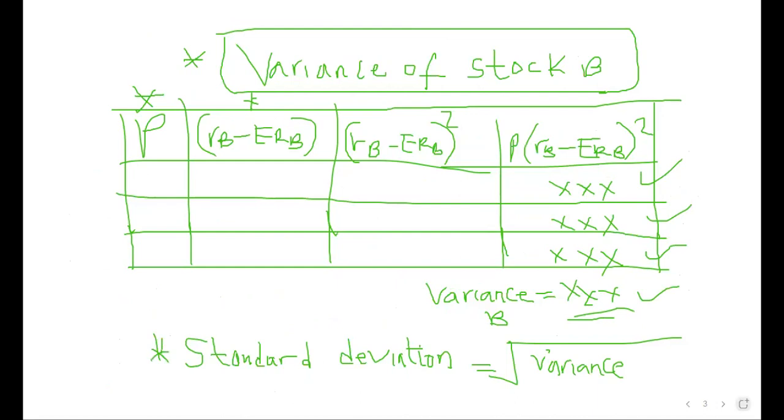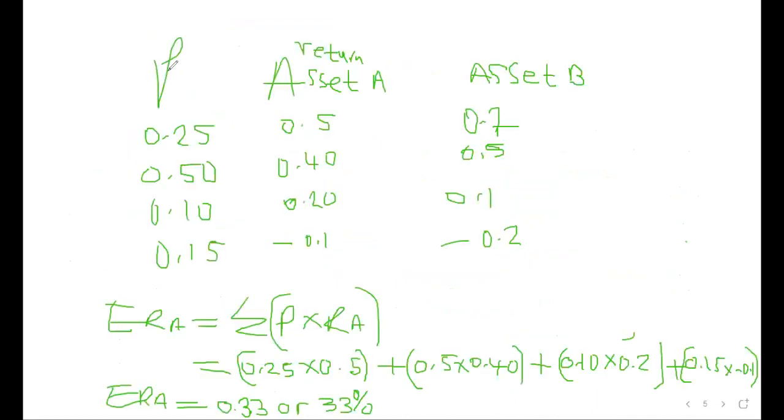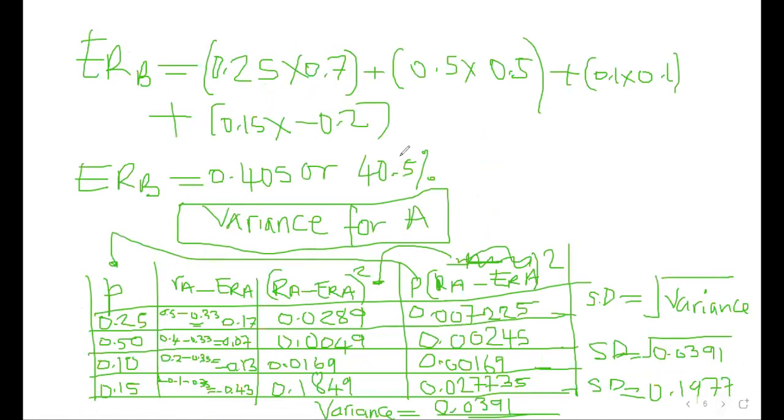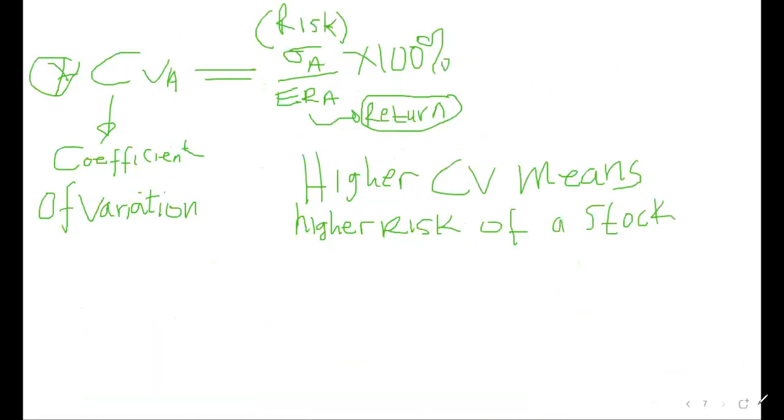We have looked at the expected return of A and B. A is 83%, B we found 40.5. The variance of A was 0. After adding that one, this one, and this one, we got this. The standard deviation is the square root. Then a higher CV means higher risk of a stock.